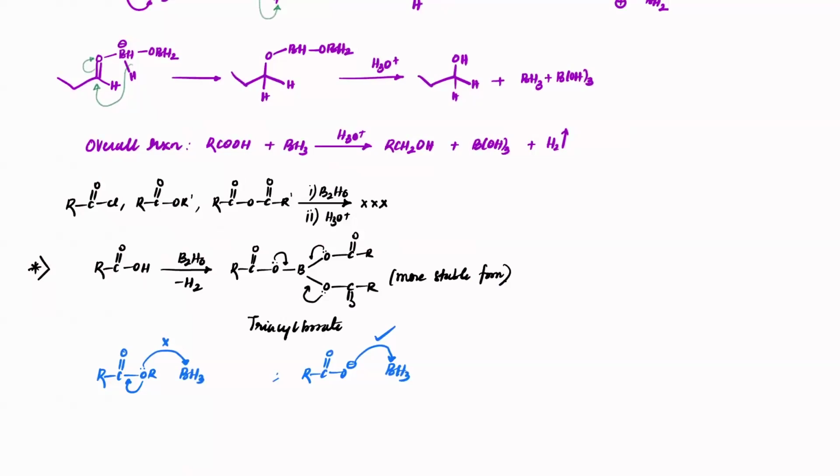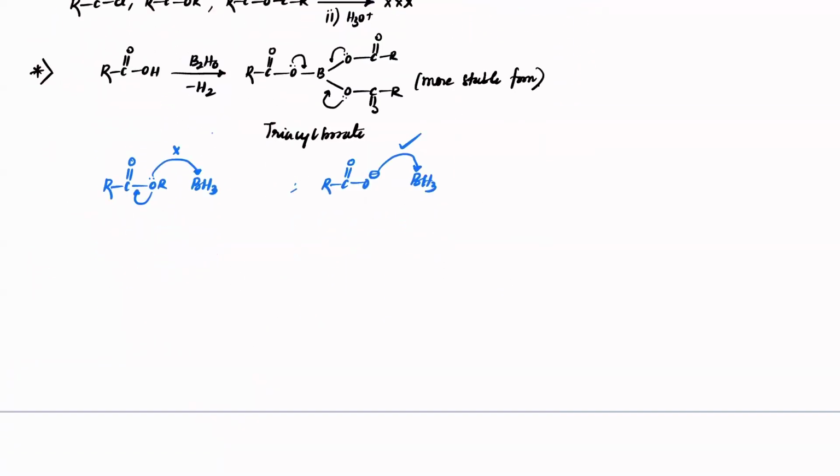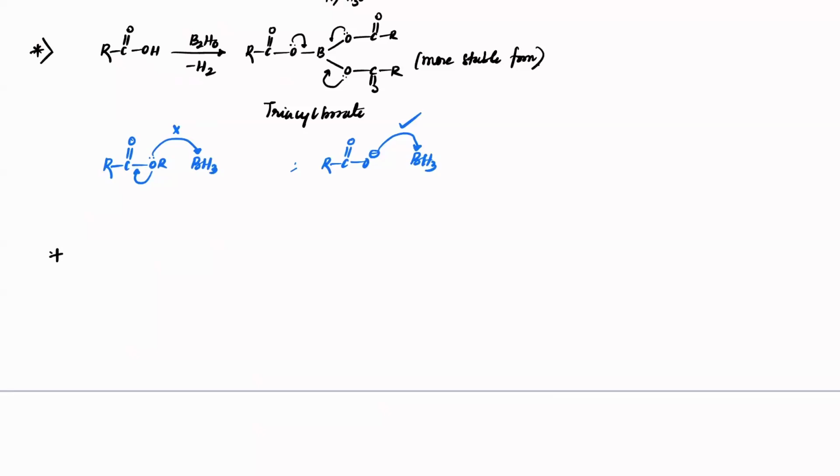Right. Now let's see what are the other reagents which will help acids get reduced. If you take DIBAL-H, acids with DIBAL-H will only make an acid base reaction, RCO minus plus H2, correct?